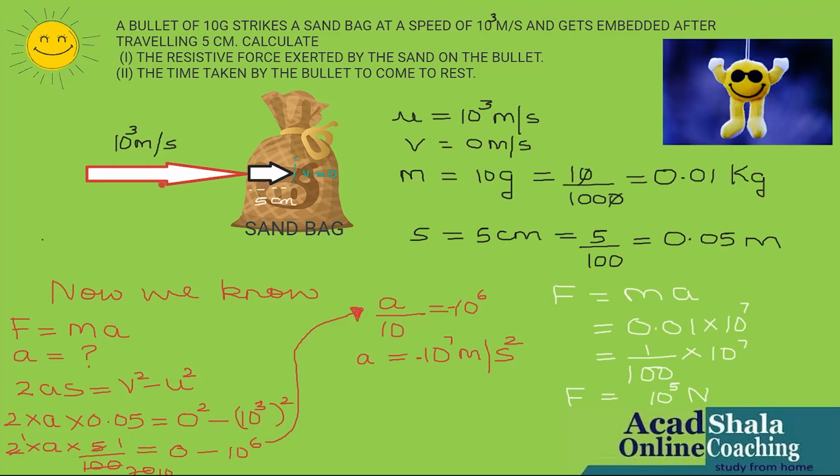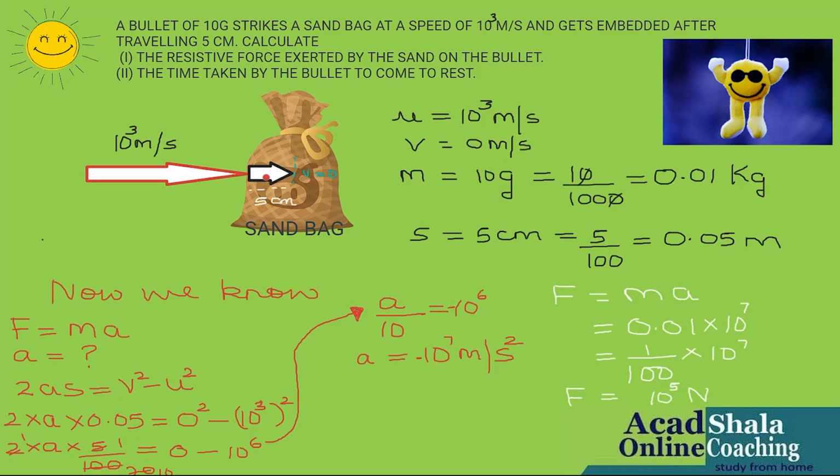The bullet speed was 10 to the power 3 meter per second. It struck the sandbag and then it got embedded. Embedded means it went inside the bag where the sand was.